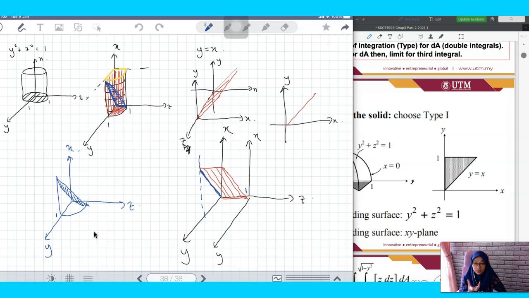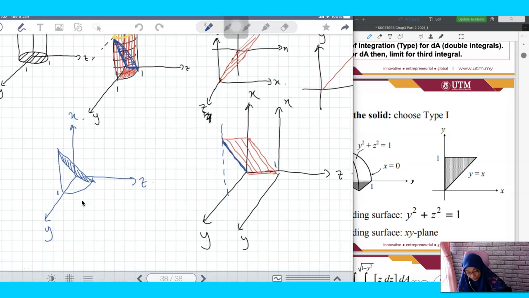But I will look at your traces and whatsoever. If your traces look okay, look correct, make sense, then I can give you mark, even though your sketching is not exactly as in the answer scheme. You understand that? As long as you can tell me the correct lower bound and upper bound for x, y, and z.